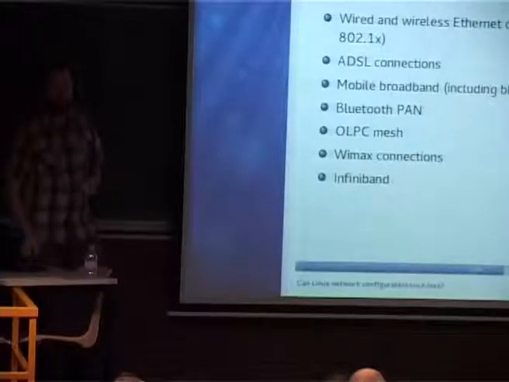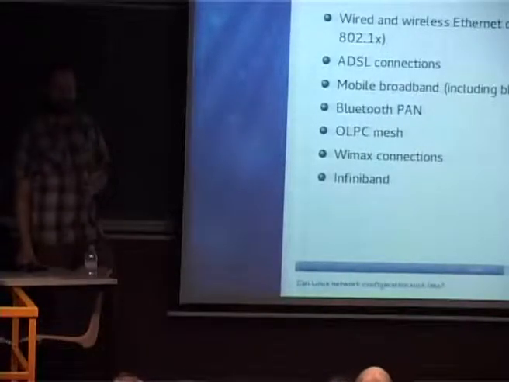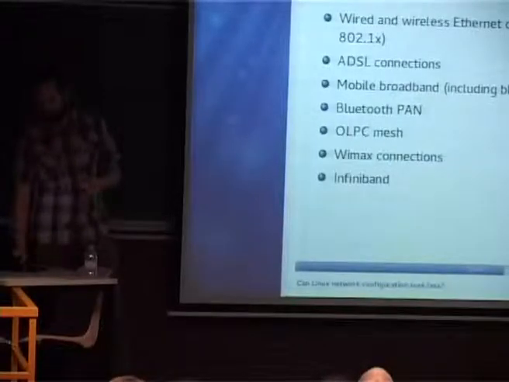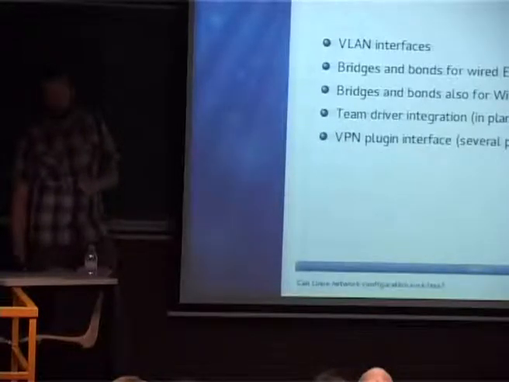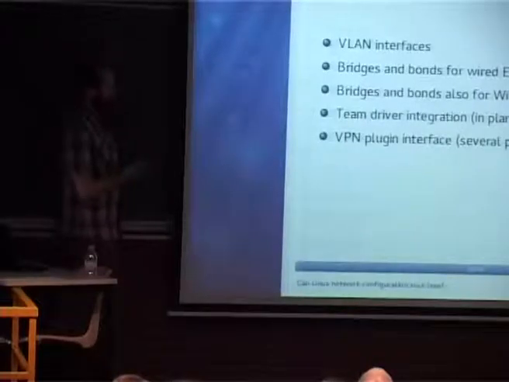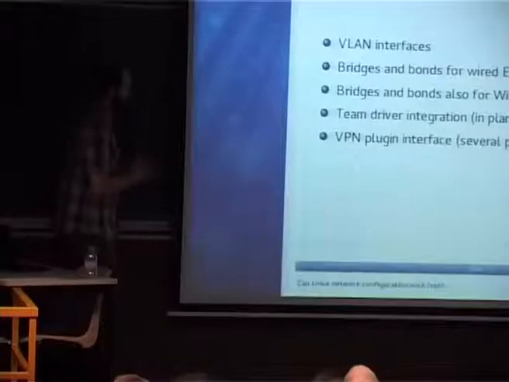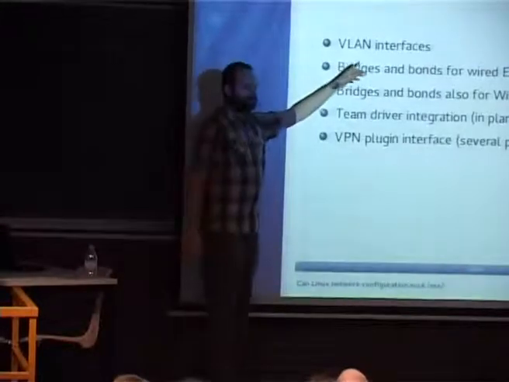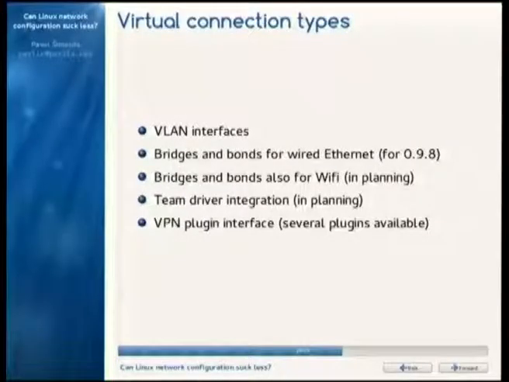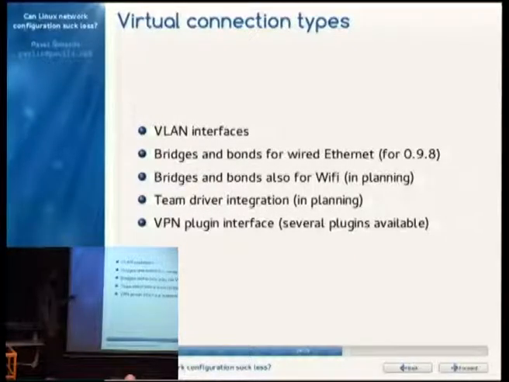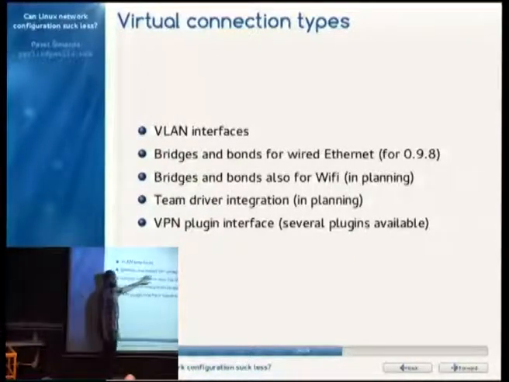USB usually gives you some Ethernet device or something, so yes, it's possible. And we have currently some virtual types of interfaces. These are VLANs, which worked for me in some quick testing. These are bridges and bonds.